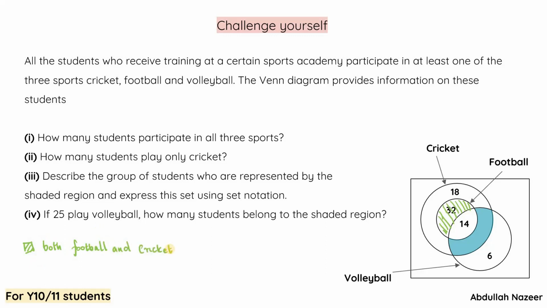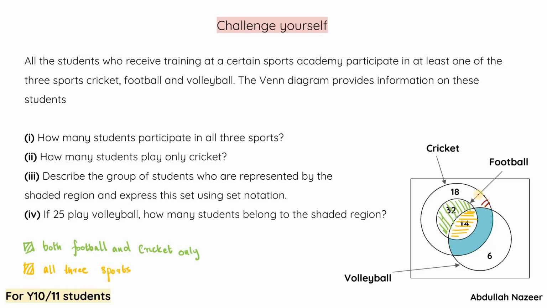All the students who play football should also be playing cricket because football is a complete subset of cricket. However, the green region is the region that indicates those students who play football and cricket only. So I missed the word only here. Football and cricket only. And this orange region over here is the region that talks about all students who play all of them. So I'll just mention this as all 3 sports.